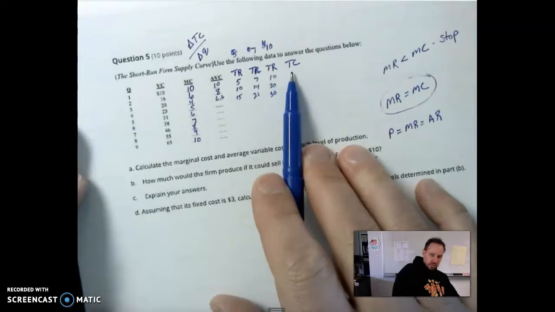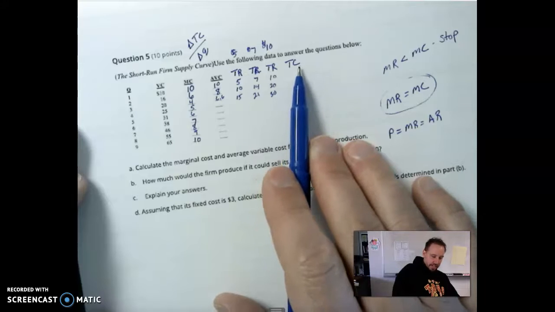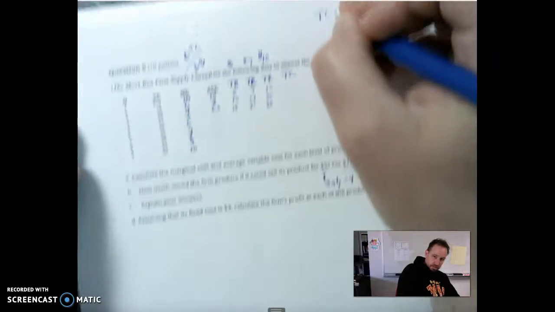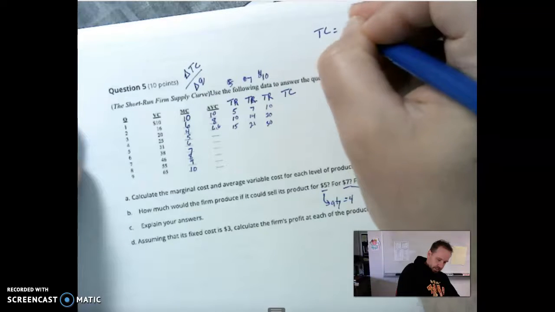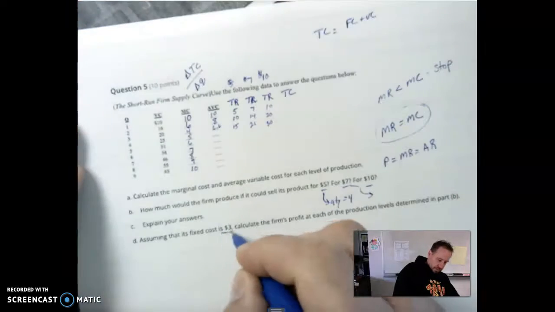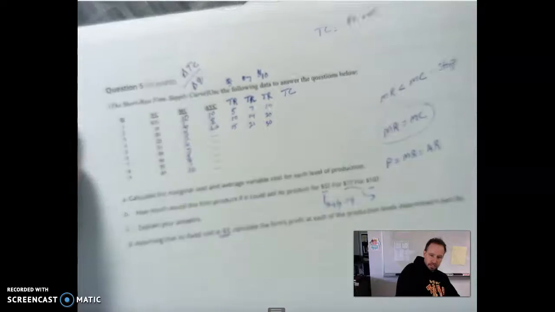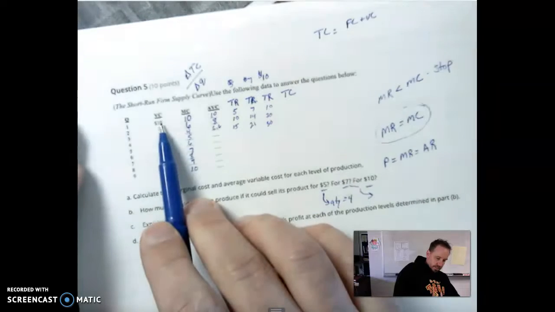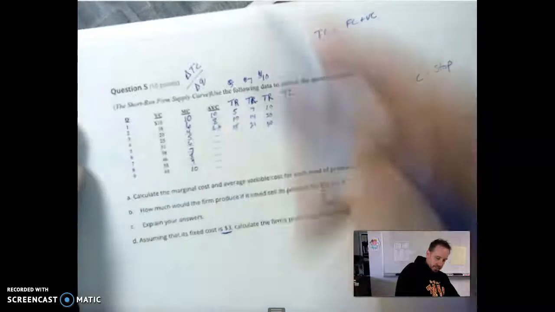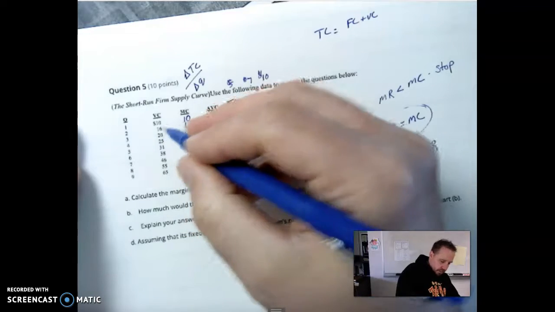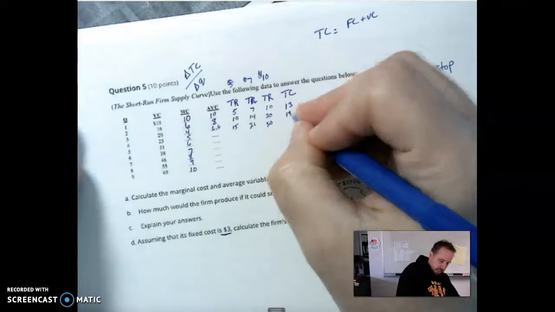And to figure out our total cost, remember, total cost is equal to fixed cost plus variable cost. So our fixed is $3, and our variable costs right here, so then you can just go 10 plus 3, total cost would be 13, 16 plus 3, total cost would be 19.